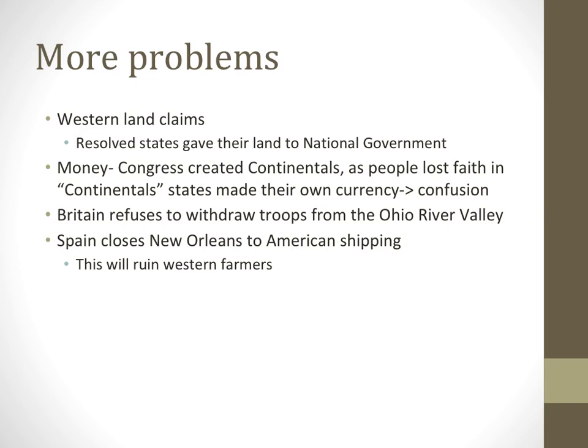And Spain also is not showing much respect to the United States by closing New Orleans off from American shipping, and this is going to be a big problem for Western farmers. You see, Western farmers can't send their goods back east easily, because they're west of the Appalachian Mountains, and mountains are difficult to travel through.